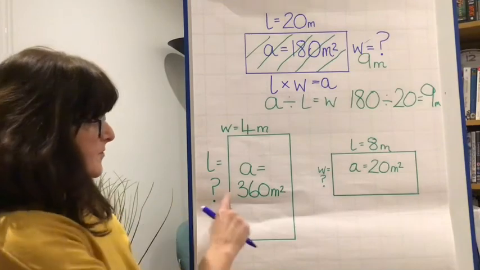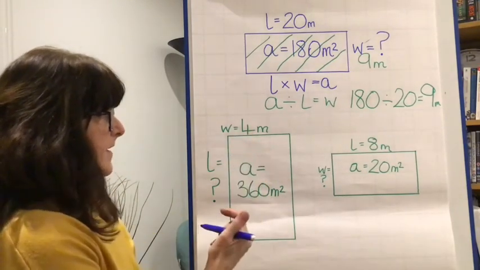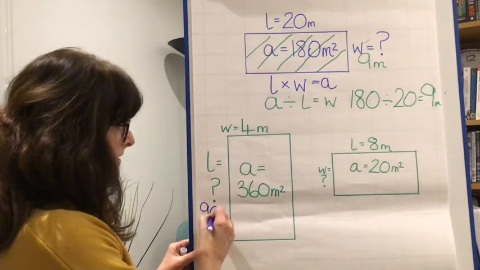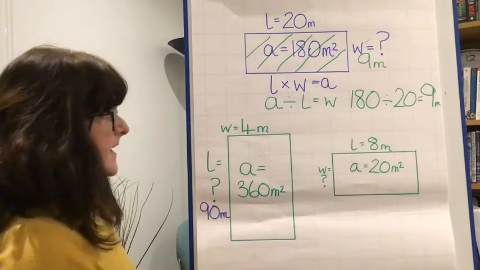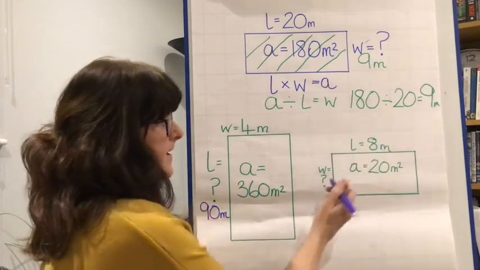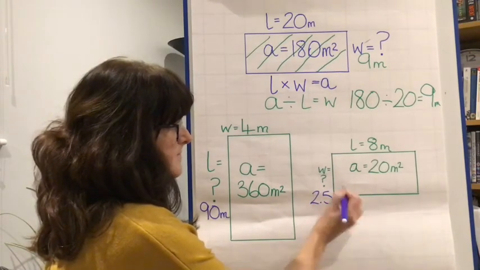How did you do? Well, to find this out, we need to do area 360 divided by 4, which equals 90 metres. And here we need to do 20 divided by 8, which equals 2.5 metres.